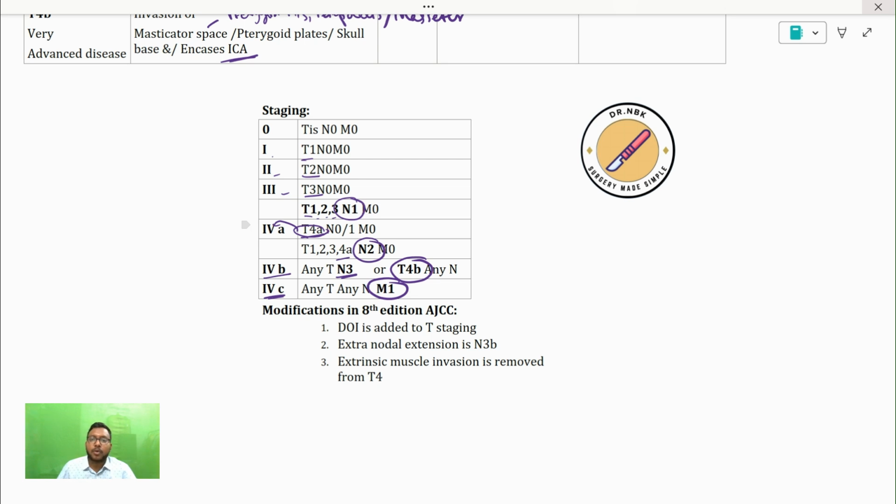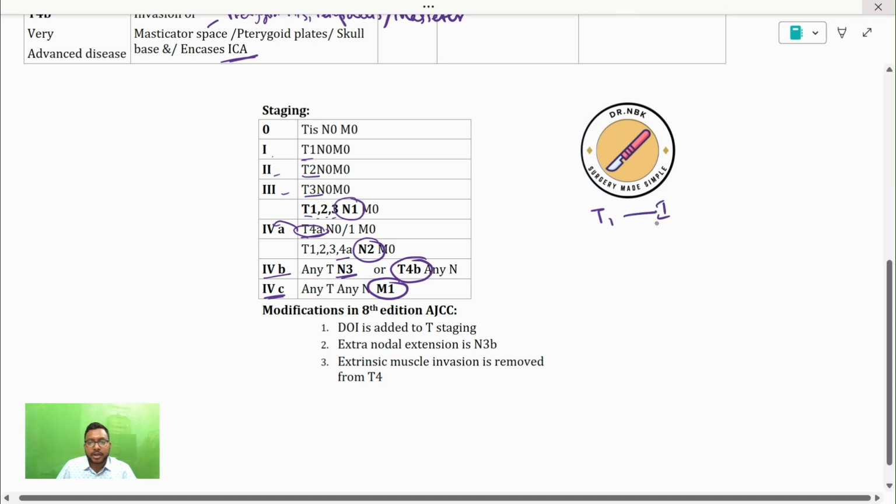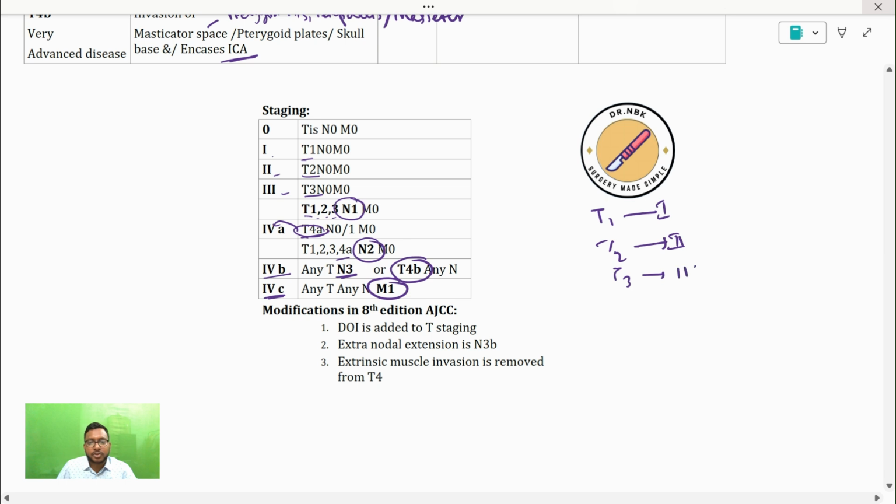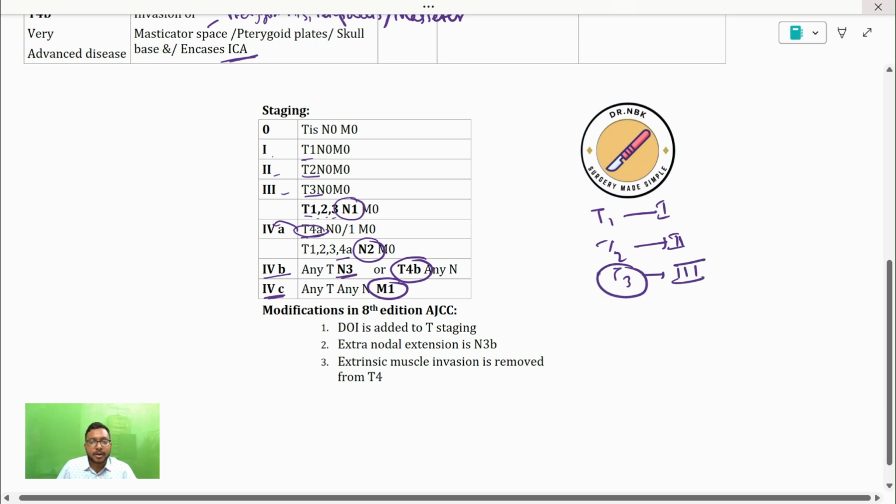All right, so I'll just repeat it. Whenever it is T1, stage 1; T2, stage 2; T3, stage 3. Additionally, stage 3 can also be T1, 2 or 3 with N1. Then, whenever it is T4A, whether the nodes are positive or not, it will come under stage 4A.